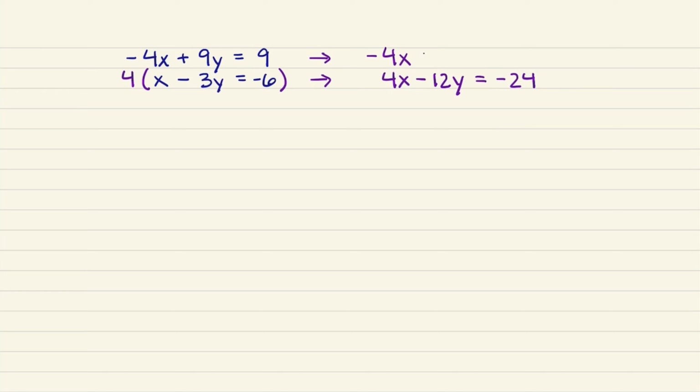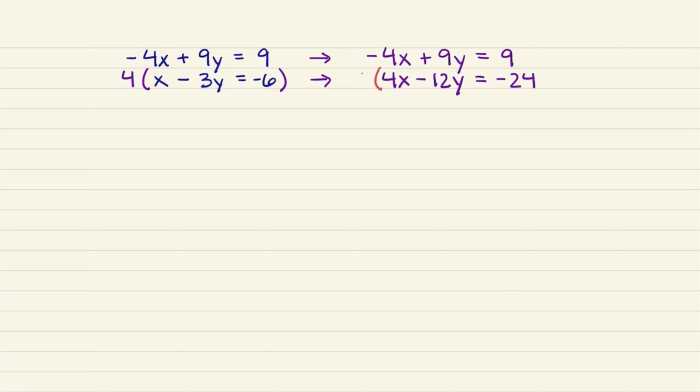Negative 4x plus 9y equals 9. So now looking at our x values, the ones that we want to cancel out, am I going to add or subtract? Since these are opposite signs, negative 4x, I'll have to add 4x to get it to equal 0, or to get them to cancel out.